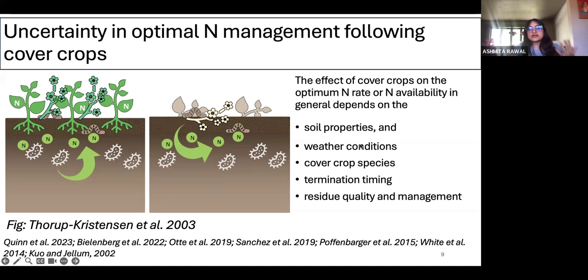The uncertainty is there because it depends on lots of factors, as I described, like cover crop species itself, but then there are soil physical, chemical, biological properties, texture, moisture, temperature, soil microbes, diversity, biomass of microbes, and then there is weather condition, temperature, precipitation, and residue quality and management, termination timing.